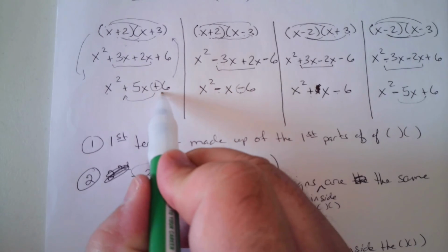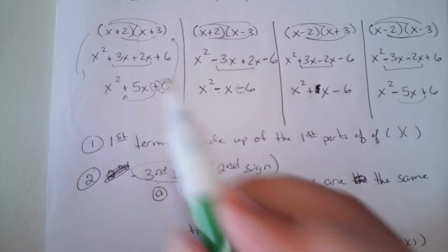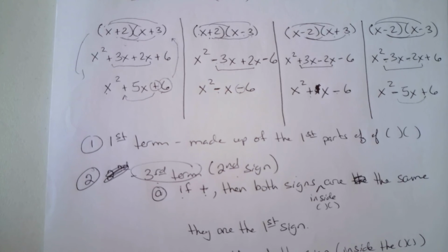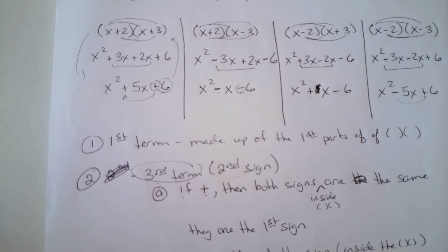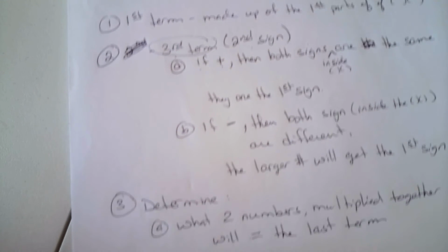So think about it. What two numbers multiplied together will equal the last term? So what two numbers make up 6? 6 times 1, 2 times 3.